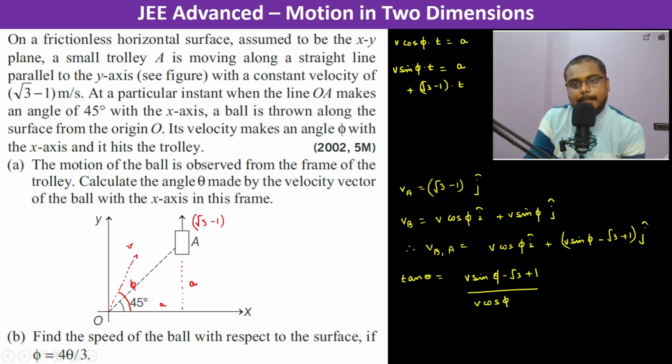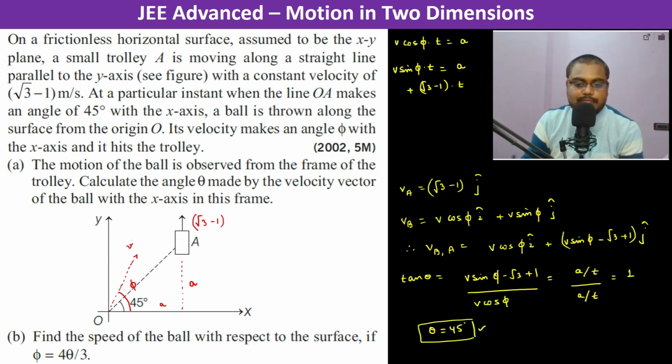So here we can see that v sin phi minus root 3 plus 1 is equal to A by t, and v cos phi is also equal to A by t. Therefore this is 1, so theta is going to be equal to 45 degrees.